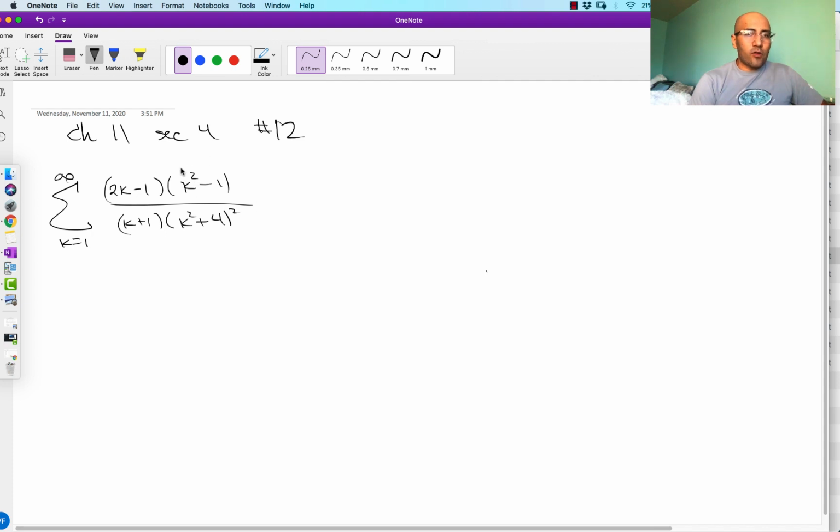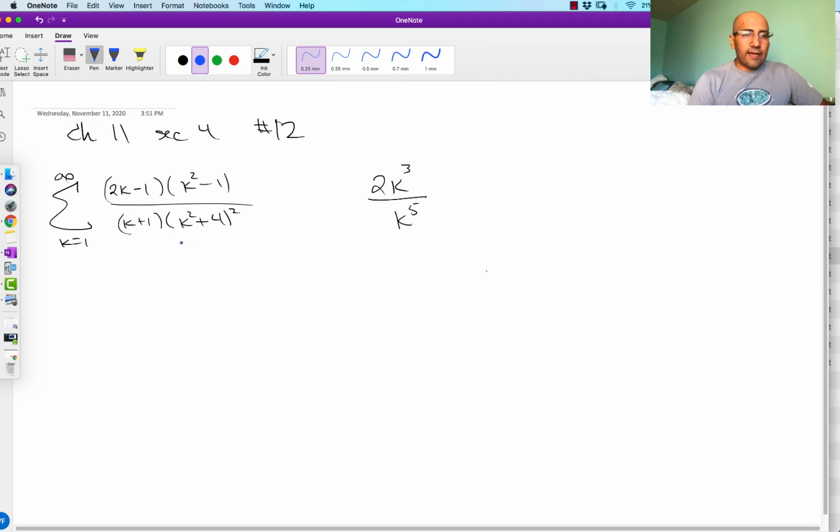And so if I start FOILing out the numerator, even if I don't FOIL the whole thing out, I can see that the largest term in the numerator is going to be 2k to the power of 3, right? And in the denominator, the largest term is going to come from the product of this, which is going to be a k to the 4th power, times another k. I end up with k to the 5th power, right?